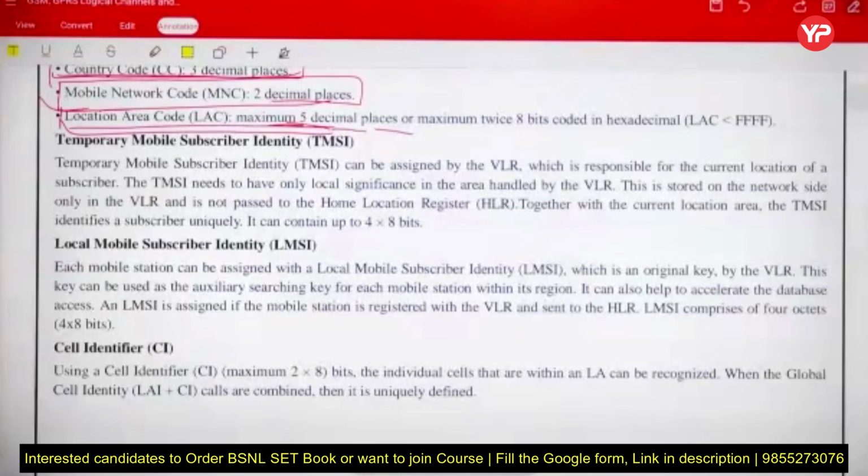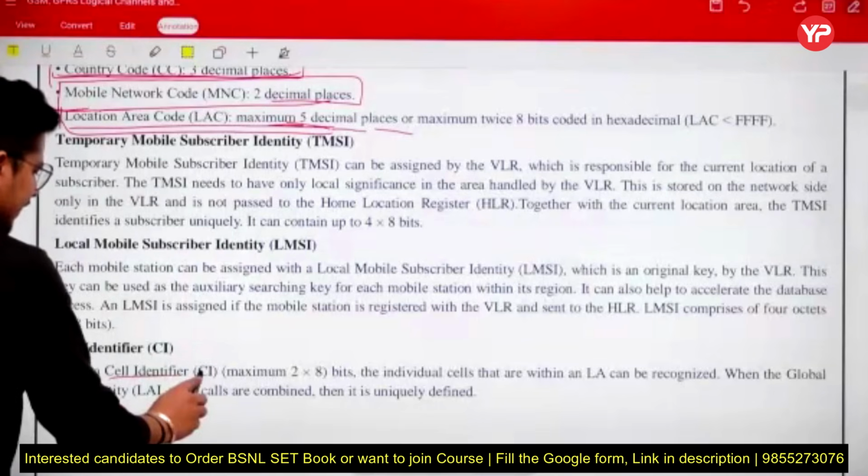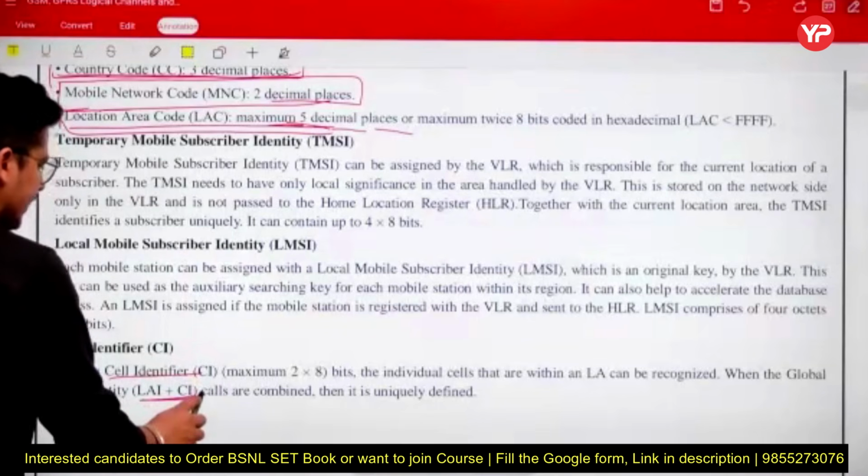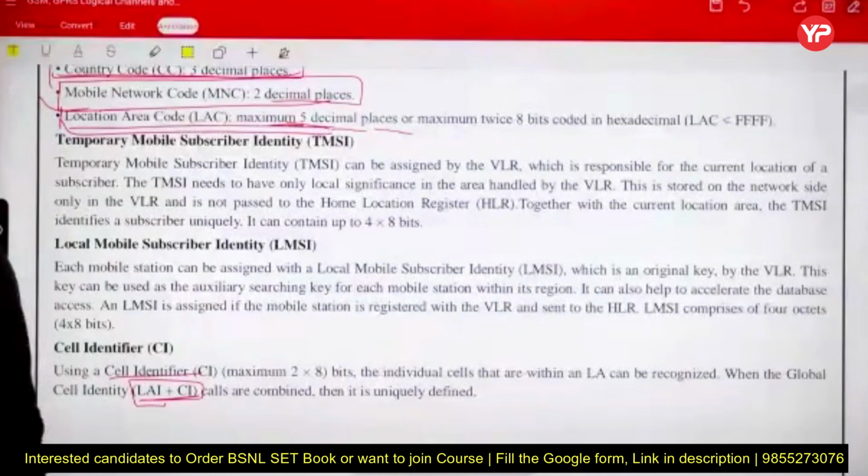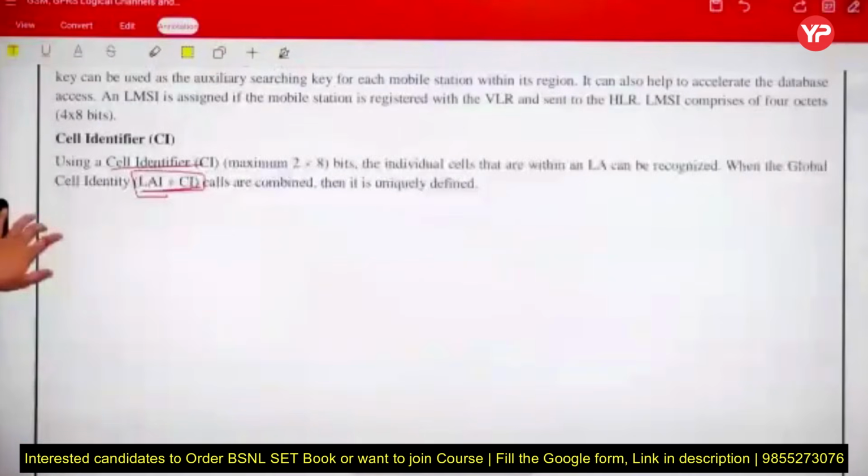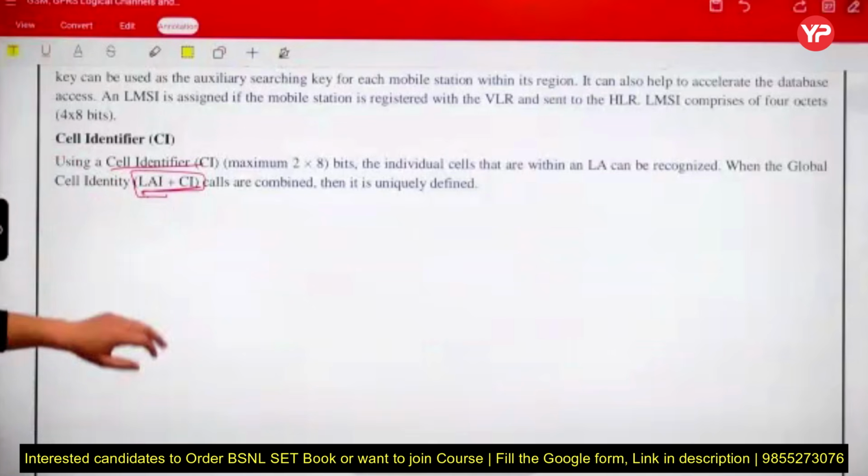Another one is cell identity. Cell identity means, you have a cell, and I already told you that each cell is given a global cell identity, which is the cell identity plus the LA identity. Combined together, they tell you that this cell is inside this location area identity.